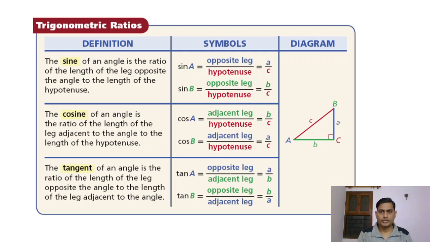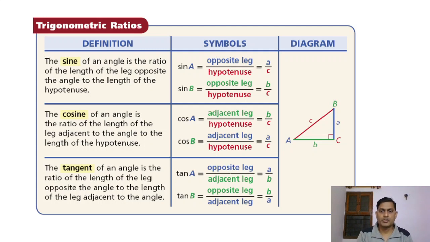Small c is the hypotenuse, small a and small b are the base and perpendicular respectively with respect to angle B. The sine of an angle is the ratio of the length of the leg opposite the angle to the length of the hypotenuse. That is, sine A is equal to opposite leg upon hypotenuse. Opposite leg with respect to angle A is small a and the hypotenuse is small c. So sine A is equal to small a by small c.